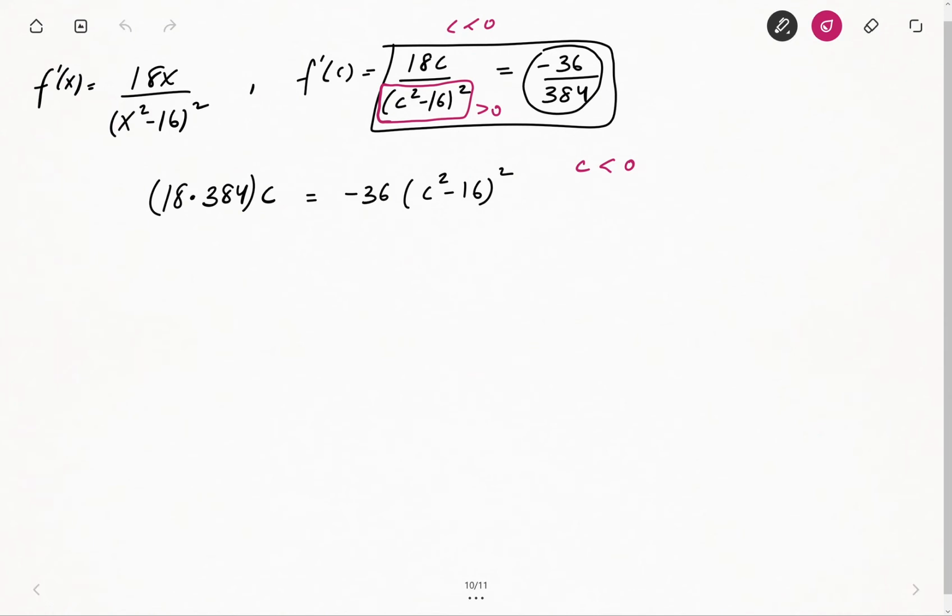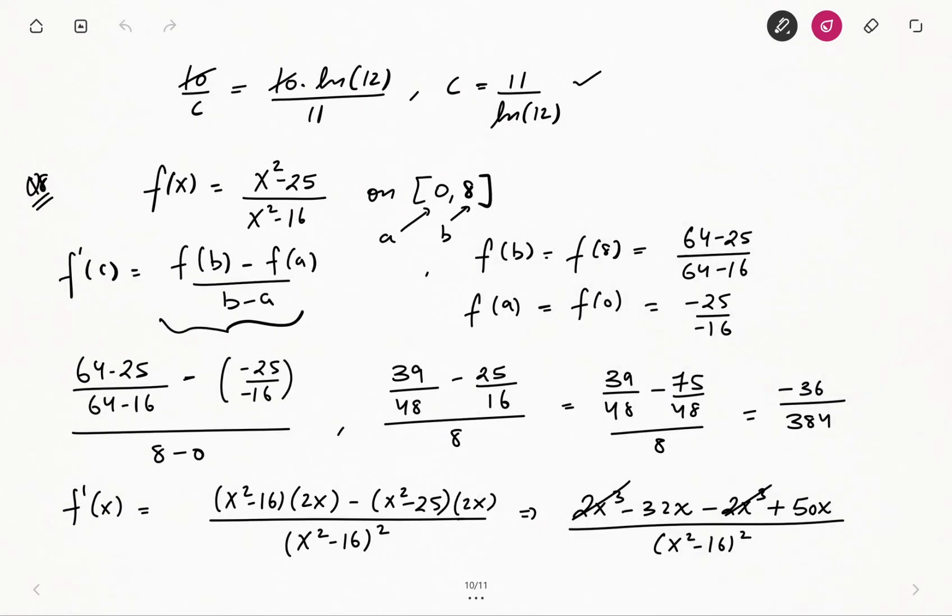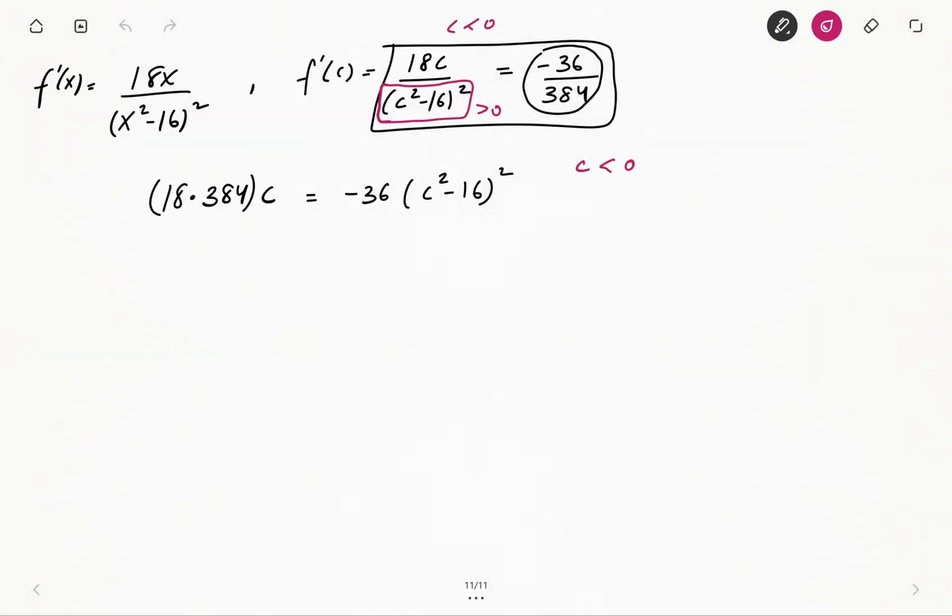But our domain of analysis, if you go back a page, is between 0 and 8. We cannot jump back. So c will belong outside the domain of analysis, which means this function does not satisfy the mean value theorem in the given domain.